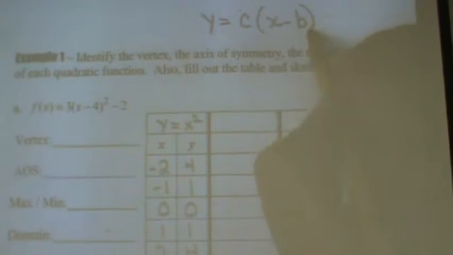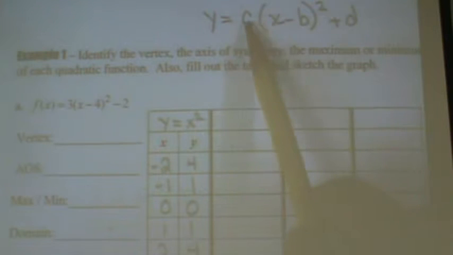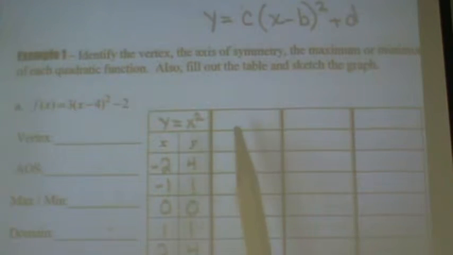Now, remember my little rule here: y equals, it was c, and then it was x. There was an a here. We're going to skip a, minus b squared plus d. I skipped the a value. So we are going to do first b, then c, then d. So what is the b value in this problem?